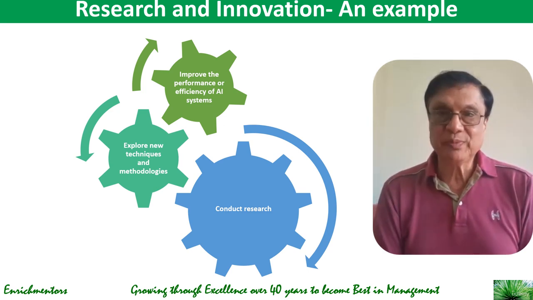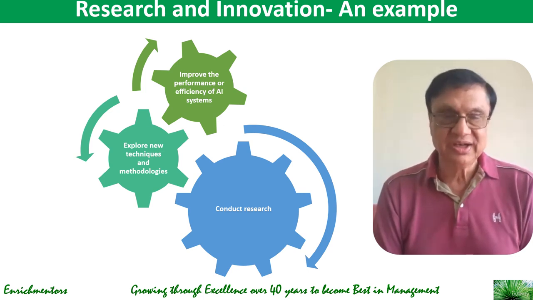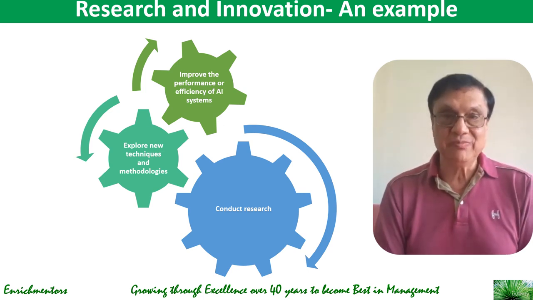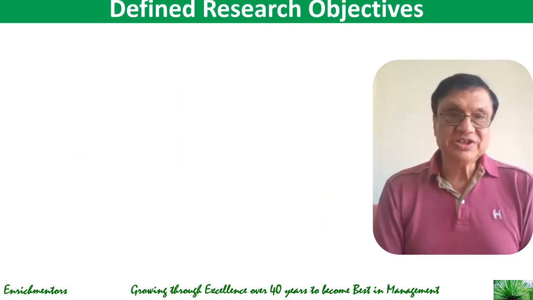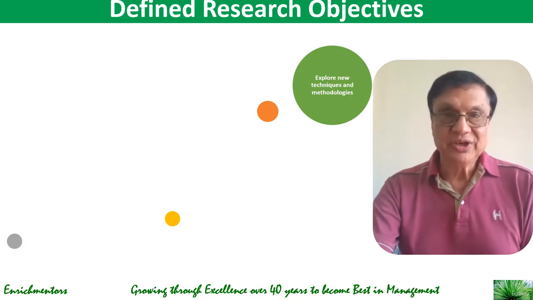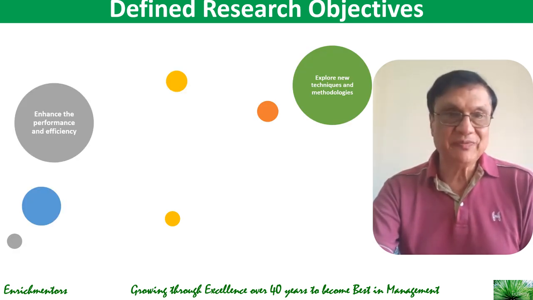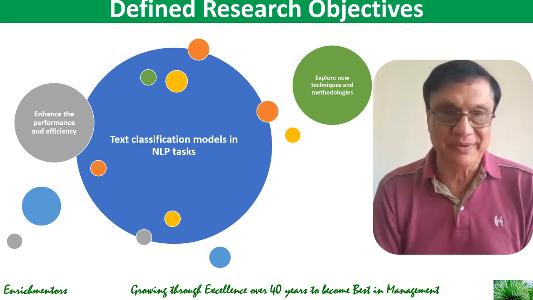Specifically, we'll focus on improving the accuracy and efficiency of text classification tasks done with deep learning models. The research aimed to explore new techniques and methodologies to enhance the performance and efficiency of the text classification model in NLP tasks.